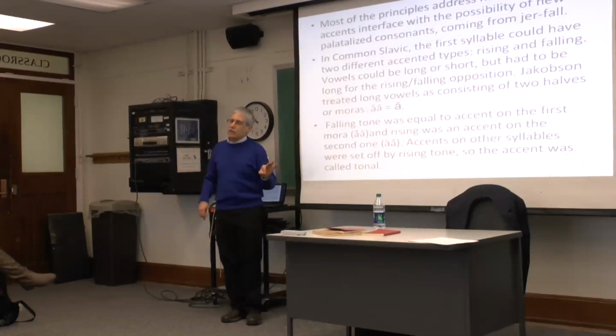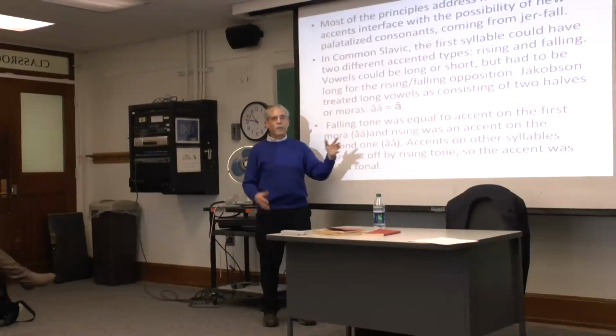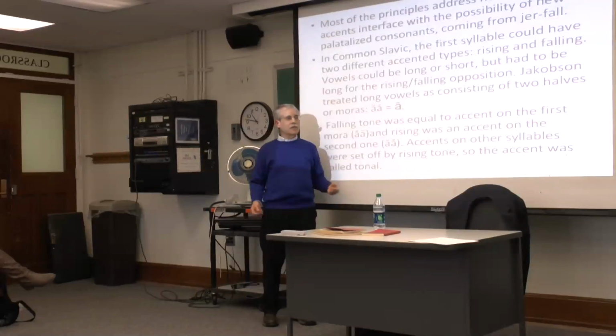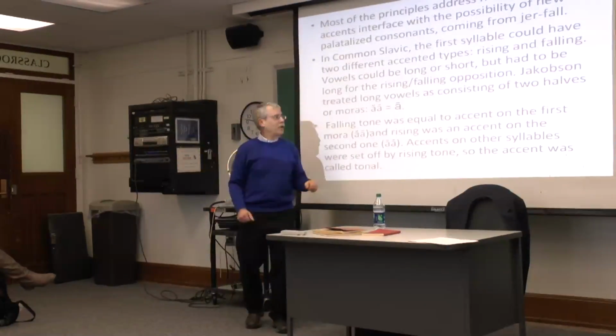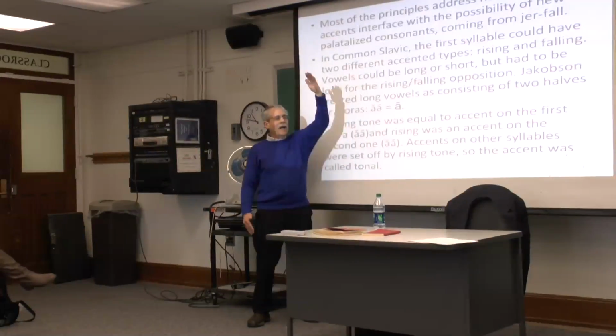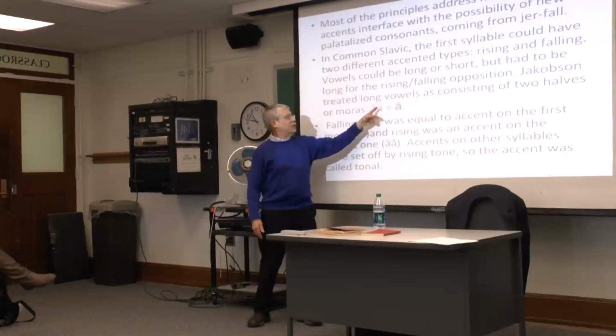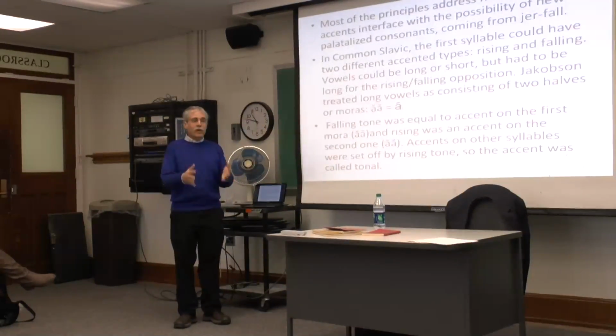And his idea was that rising tone was equivalent to accent on the second one, but only inside a syllable. So if you had two syllables with shorts, it was just accent without tone. But if you had a long sequence of two moras, and you accented the first one, it was a low tone, because it was accented then went down. If you accented the second one, it was rising. So that's where you start to get the theories that Jakobson had.